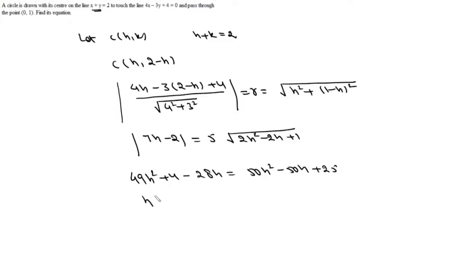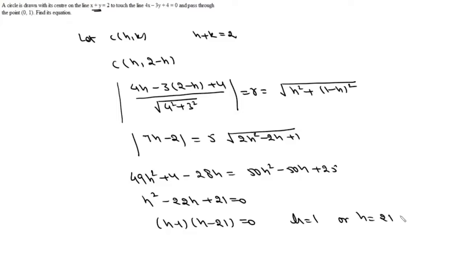Now it will be h², and then −50 + 28, that will be −22h + 21 = 0. So we can factorize this as (h − 1)(h − 21) = 0. So the value of h is either 1 or 21.